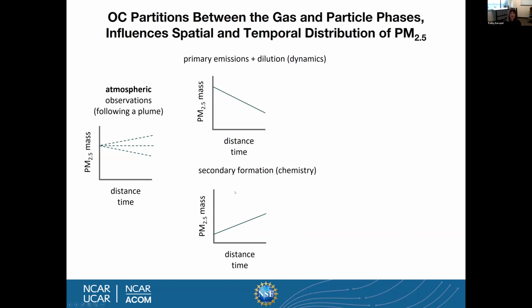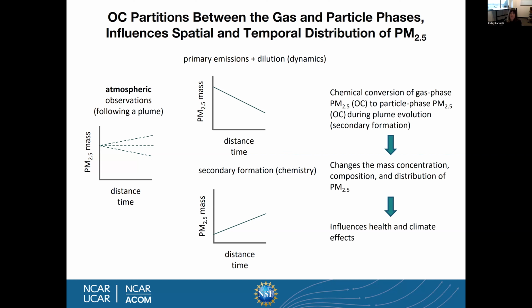On the other hand, we can have an increase in that PM 2.5 mass in time, and that is due to chemistry. So basically we have this chemical conversion of the gas phase PM 2.5 or aerosols, if you will, to particle phase PM 2.5 or organic carbon during plume evolution.